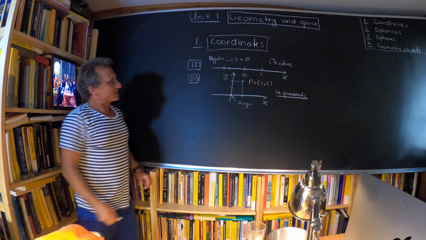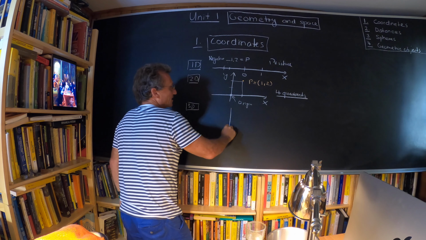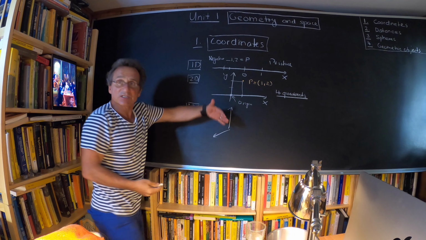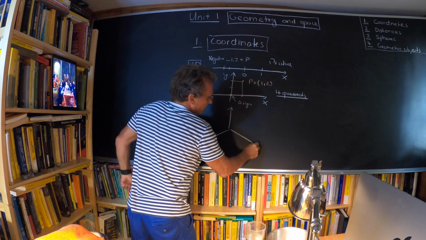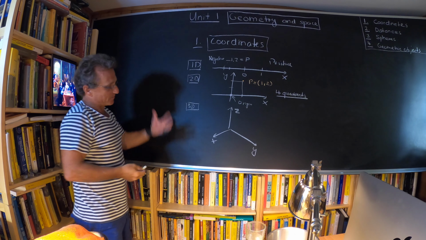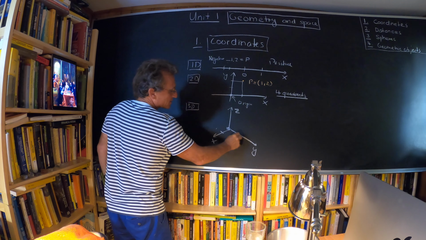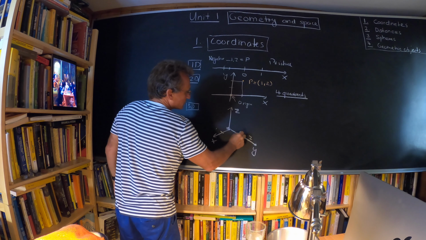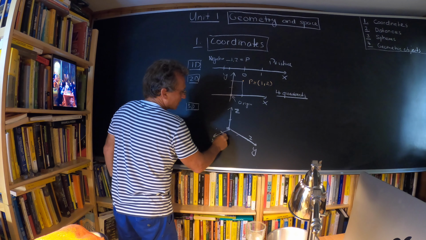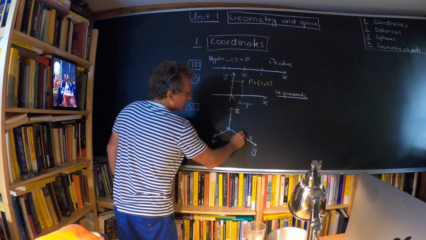In 3 dimensions we usually draw the coordinate system like this. We have the x-axis coming forward, then the y-axis here, and the z-axis pointing upwards, and then we have 3 coordinates for every point. So maybe (1, 2, 1), that would be this point here.